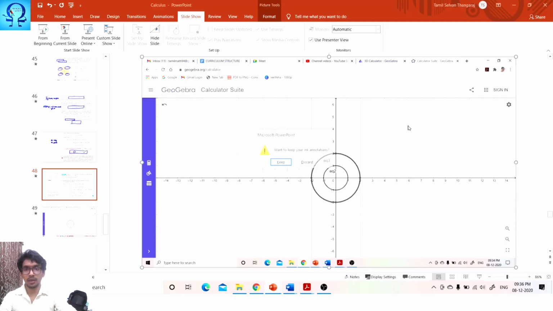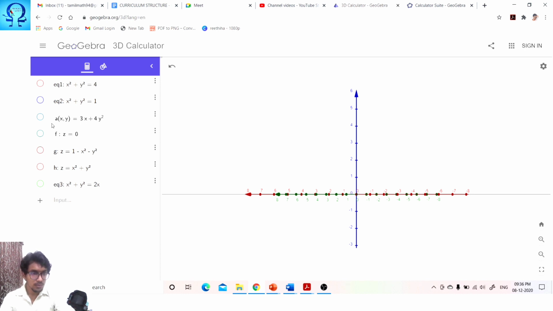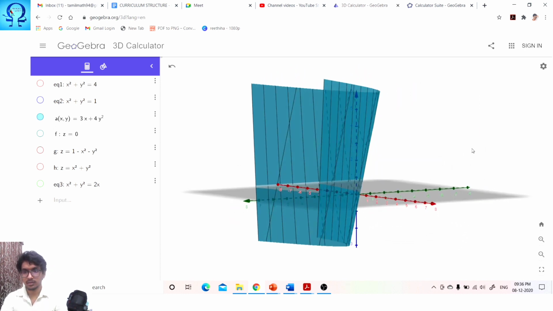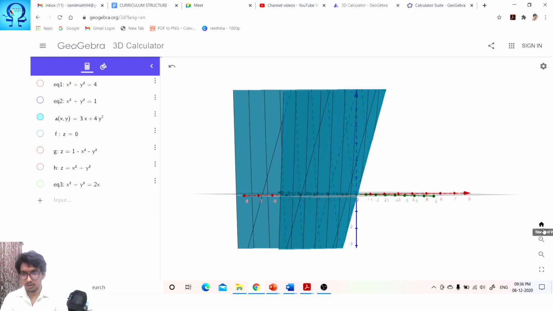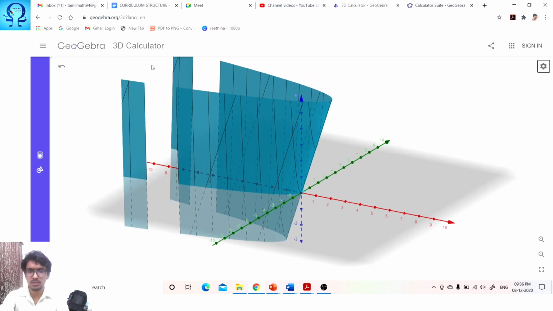How is it going to behave? Yes, it behaves like this. Let me come to the home screen. Here this red line is here. Let us go back, paste this one also and see what is happening over there.